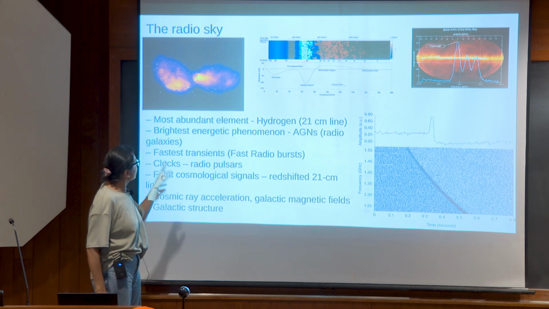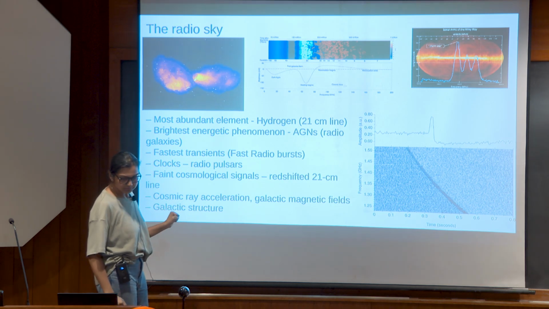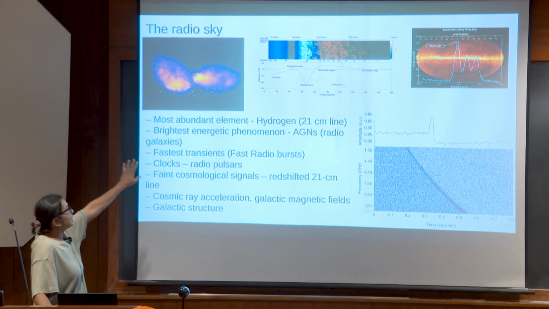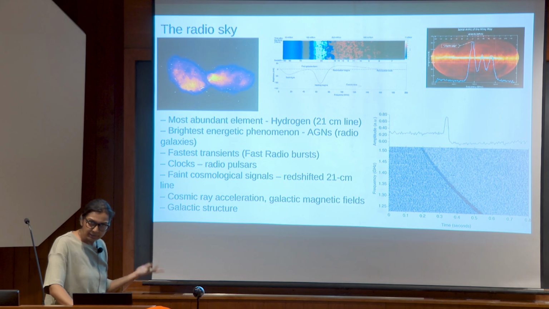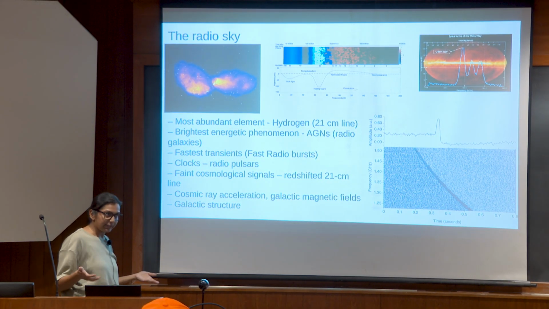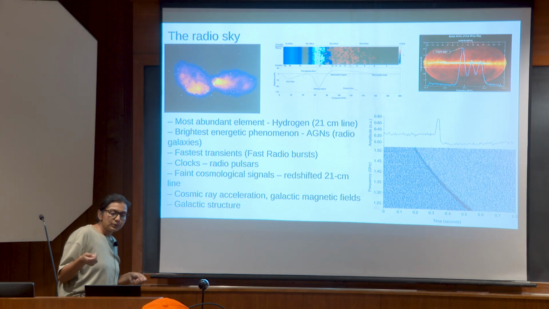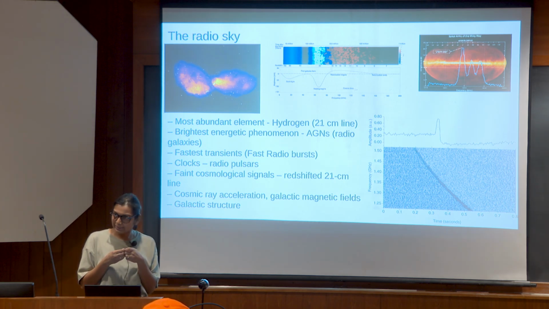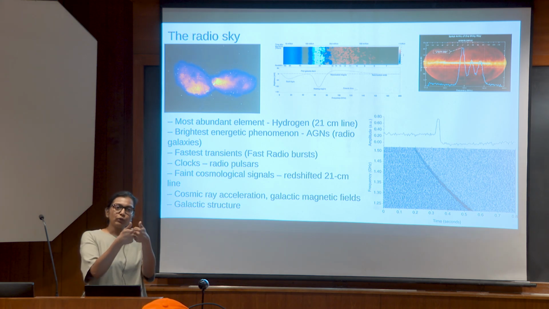But for example, the kinds of things, am I blocking your view? Okay, I need to be here, I'll get off the stage. Okay, so the most abundant element in the universe is hydrogen, and neutral hydrogen is bright in radio. So you know that a neutral hydrogen atom is very simple. It has a proton and an electron. The spin of the proton and electron can be either aligned or anti-aligned.